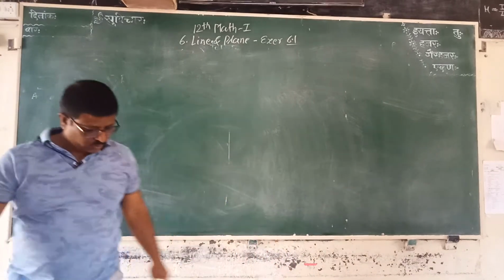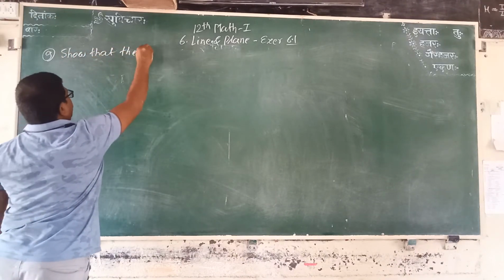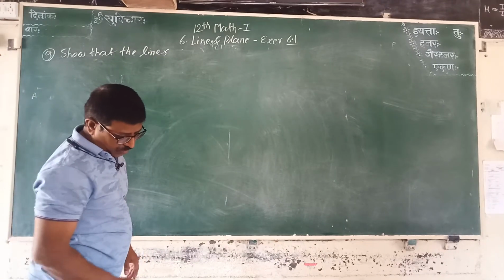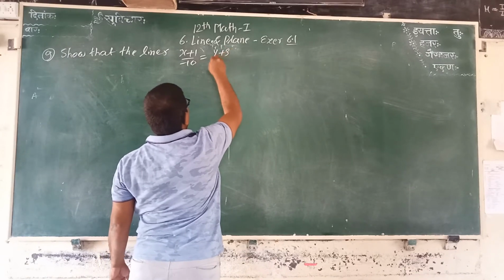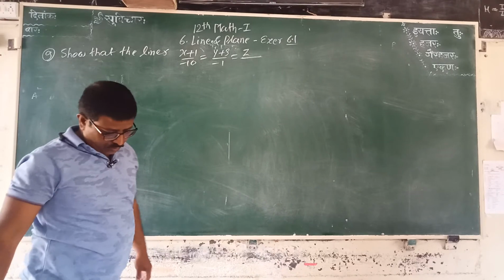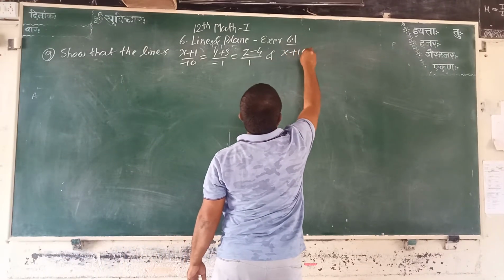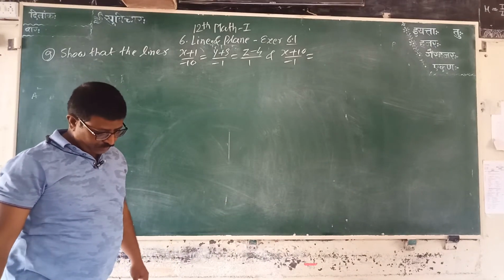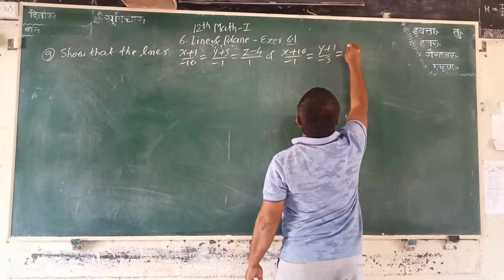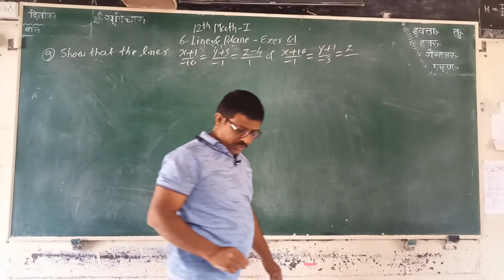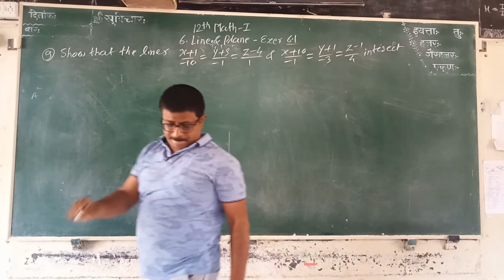Example number 9 is: show that the lines (x plus 1) upon minus 10 is equal to (y plus 3) upon minus 1 is equal to (z minus 4) upon 1 and (x plus 10) upon minus 1 is equal to (y plus 1) upon minus 3 is equal to (z minus 1) upon 4 intersect each other.